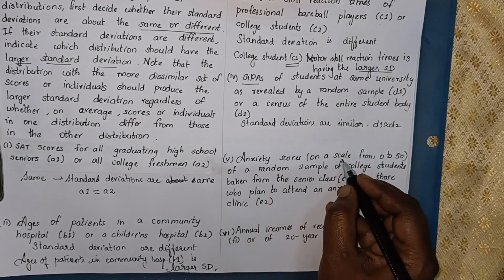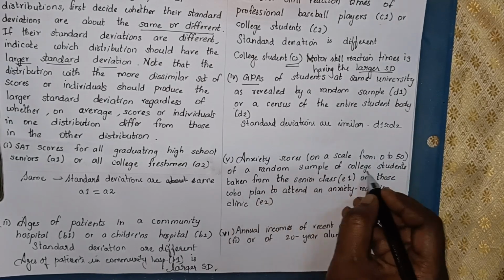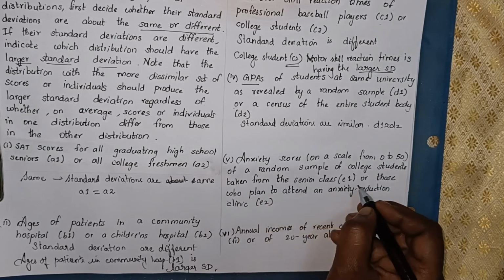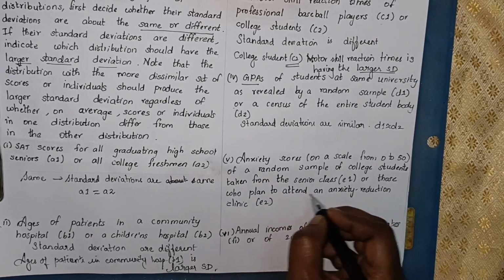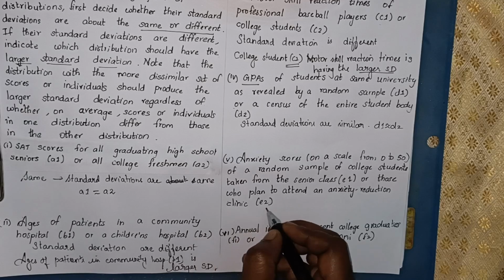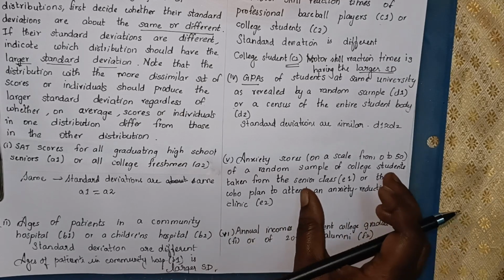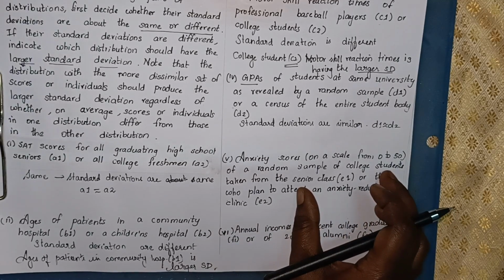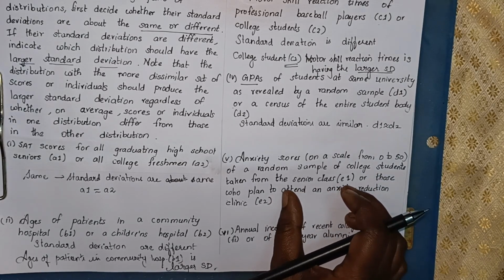Next case: anxiety scores on a scale of 0 to 50 of a random sample of college students taken from a senior class, E1, or those who plan to attend an anxiety reduction clinic, E2. College students will have different anxiety levels: some the same, some little, some more. So we can't clearly guess, and the deviation can be more.